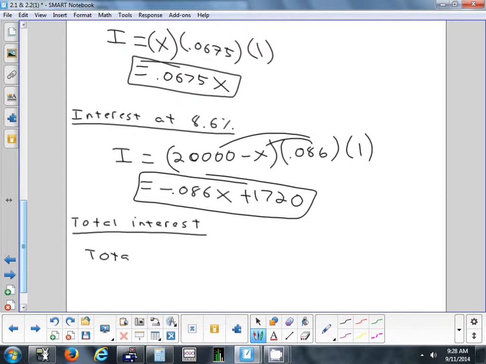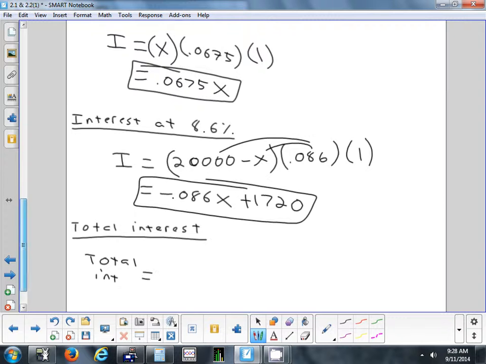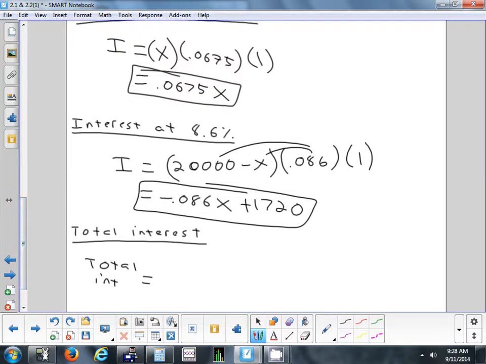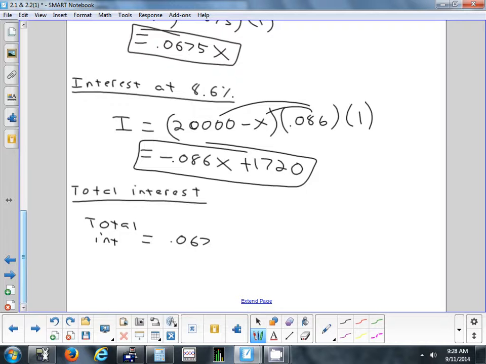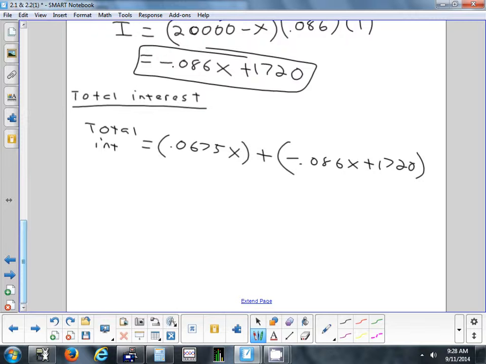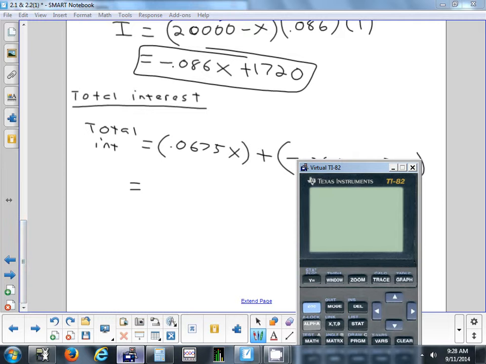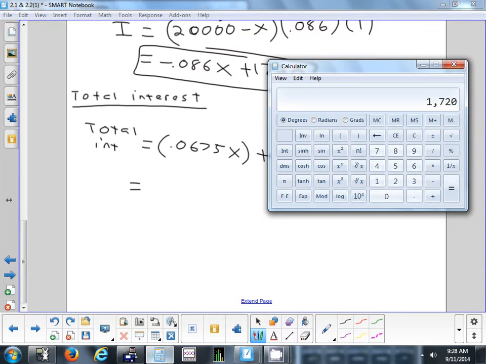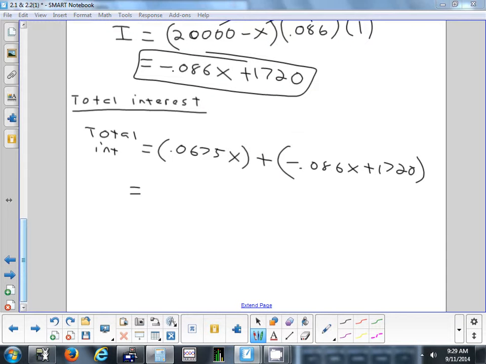So the total interest is going to be 0.0675x plus the interest that's made in the other account, negative 0.086x plus 1720. Okay, we can combine like terms. So 0.0675x minus 0.086x.